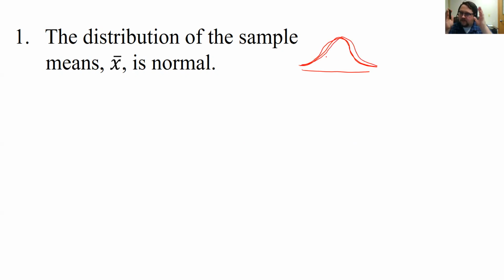Again, because when you take a sample, you're more likely to pick things from the middle, so when you calculate its average it is more likely to be in the middle. You're going to kind of clump up in that middle area.